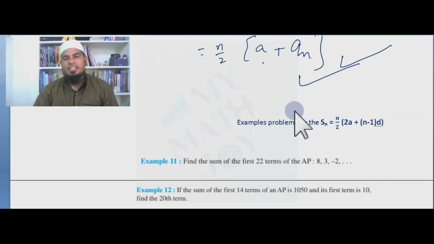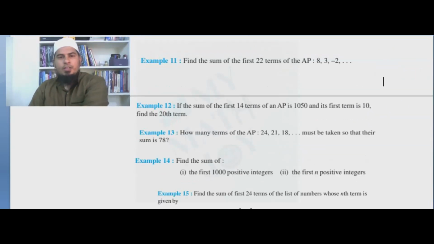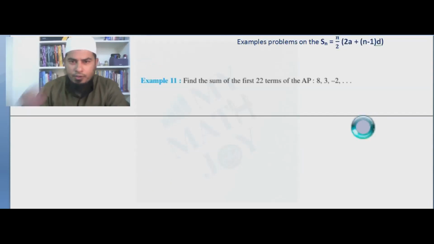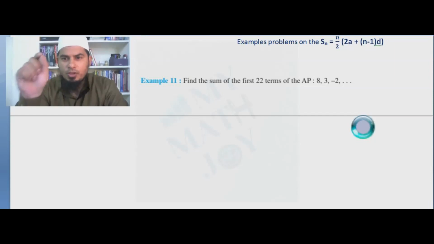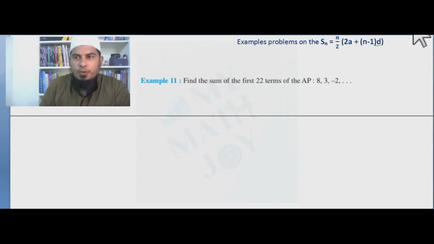Let us go to example 1, which is number 11. Read the question: find the sum of the first 22 terms of the AP. The AP is given, and he is asking us to add all these terms up to 22 terms. Whenever we have a question, write the given first.